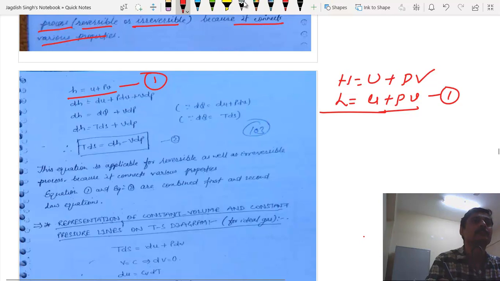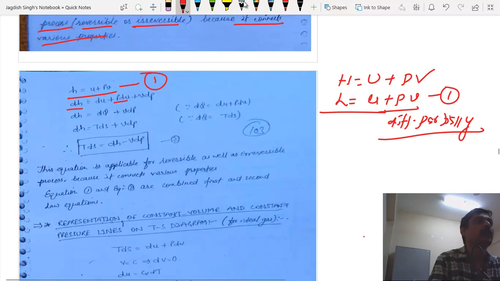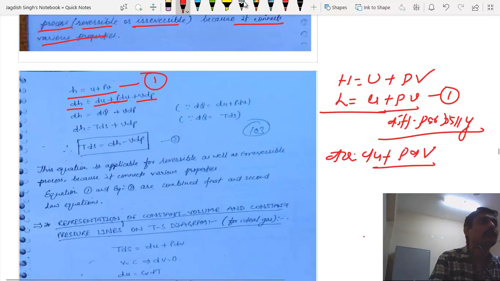Simply we have to differentiate it. If you differentiate, what you will observe here is dh is equal to du plus pdv plus vdp, right? And we know that du plus pdv is dq. So we have to replace du plus pdv by this dq. So dh is equal to dq plus vdp.